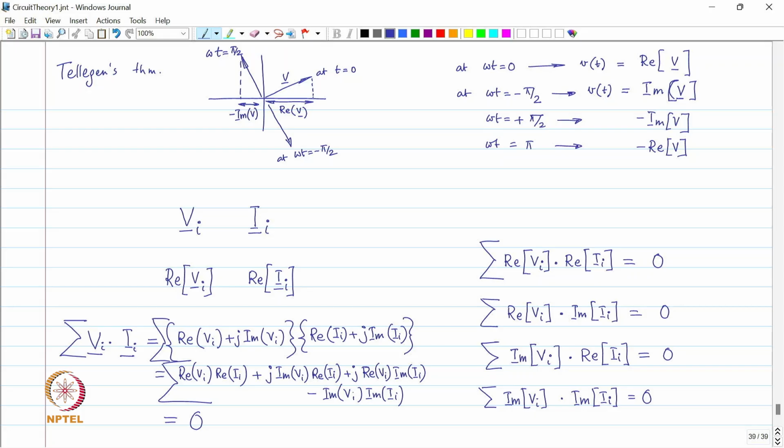Fine, everything is 0, each of those summations is 0.